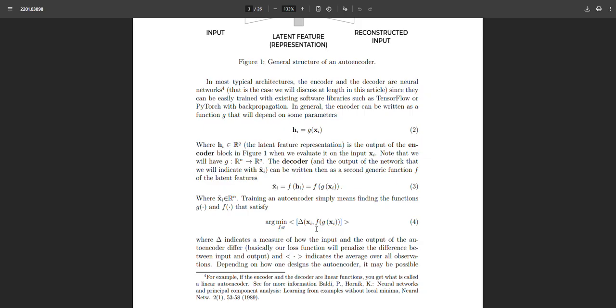This is expressed by the minimization of the loss function delta. Here, delta is our loss function, which is a measure of the difference or error between the input and the output. And the dot symbol indicates the average over all training observations.